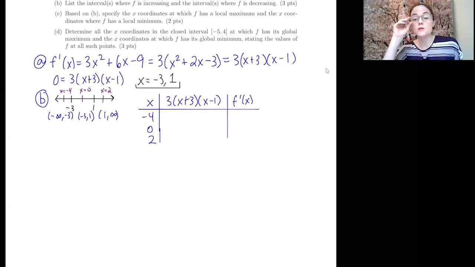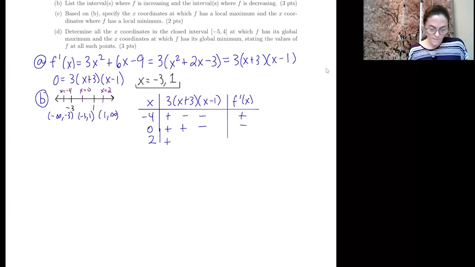I just look at the sign. It's all factored, so it's kind of fast. 3 is positive, this would be negative and negative, so the first derivative is positive. Well, 3 is always positive. This would be positive, negative, so the first derivative is negative. Finally, for x equals 2, we have positive, positive, positive, positive.